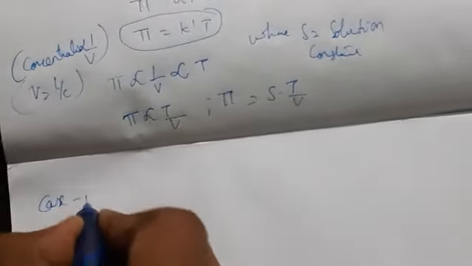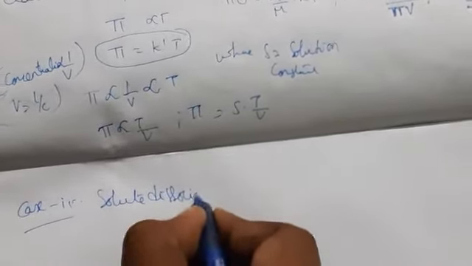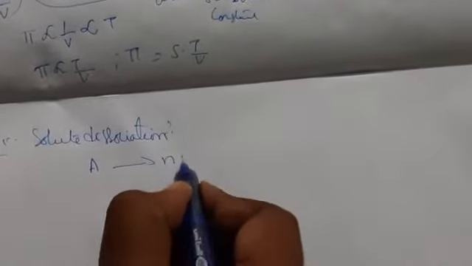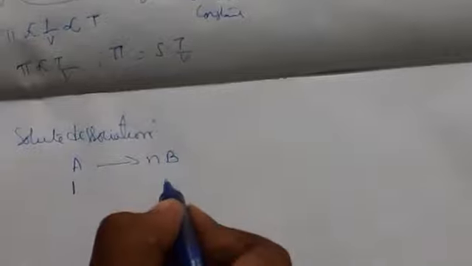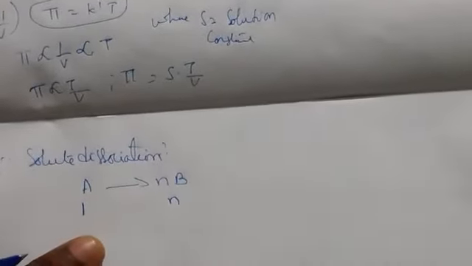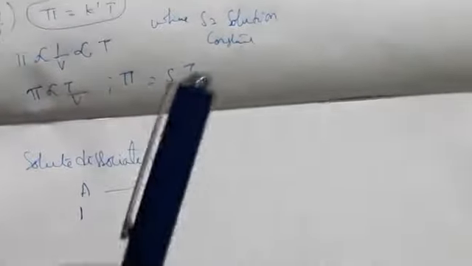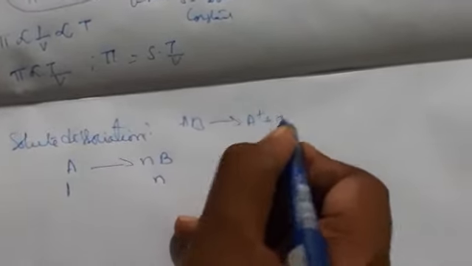Case 1: solute dissociation, which means ionization happens. If A gives rise to n molecules of B, we take 1 molecule of A and n molecules of B. For example, AB gives A plus and B minus; when a molecule divides into ions, we call it dissociation.